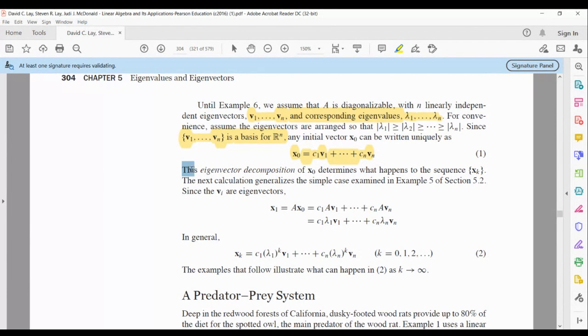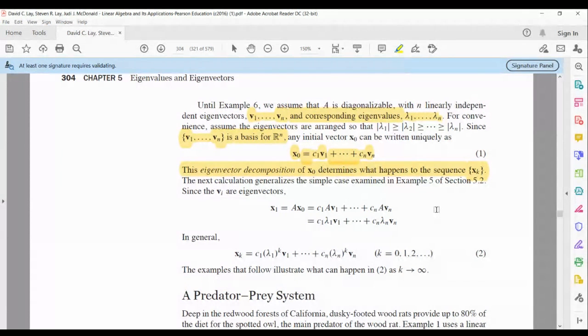And it turns out that the eigenvector decomposition determines what's going to happen to the sequence of the x sub k vectors. The x sub k is information about the system at time k.